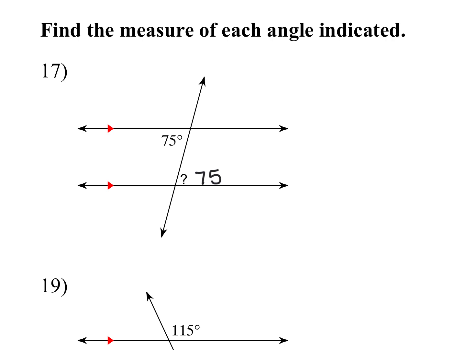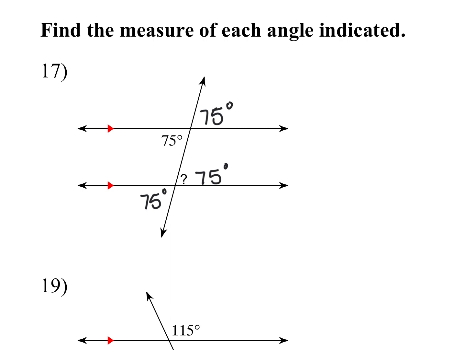Who could tell me what else is going to be 75? The vertical angle. Which one is that, the top left or right? Right. What else is going to be 75? The bottom left. Good. Is there anything else at 75?